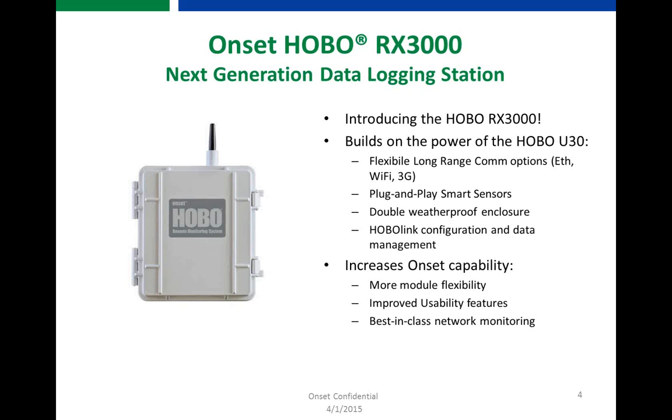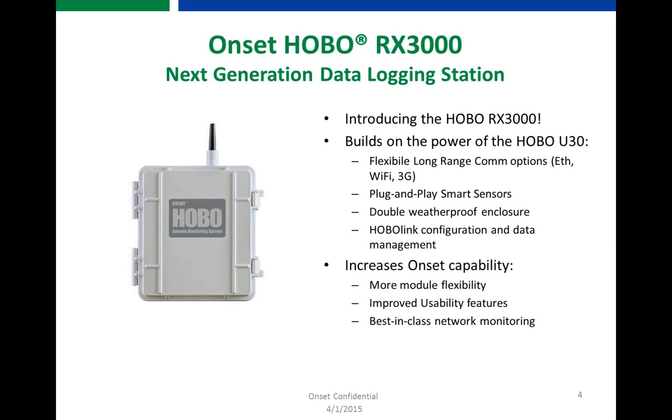We offer 3 different models to give you a flexible choice of long-range communication options. We include an Ethernet version, a Wi-Fi version, and a 3G version for cellular communications. The RX3000 leverages our suite of plug-and-play smart sensors and includes a double weatherproof enclosure for a really robust solution in the outdoor environments. Also, we'll continue to leverage HoboLink, our web-based software platform for configuration and data management.